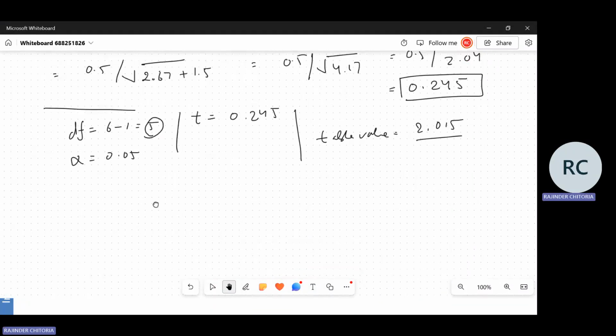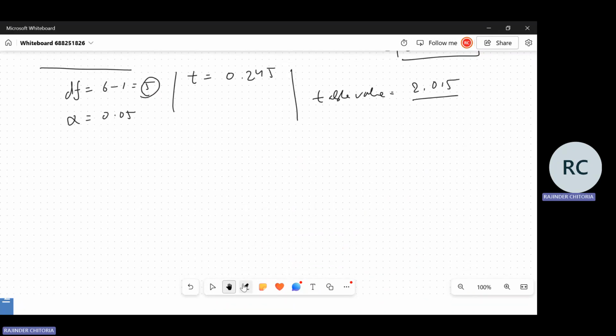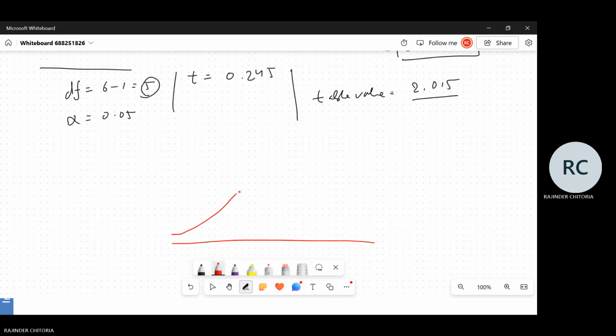So there is a threshold available. My table value is 2.015, and our calculated t value falls on this side.